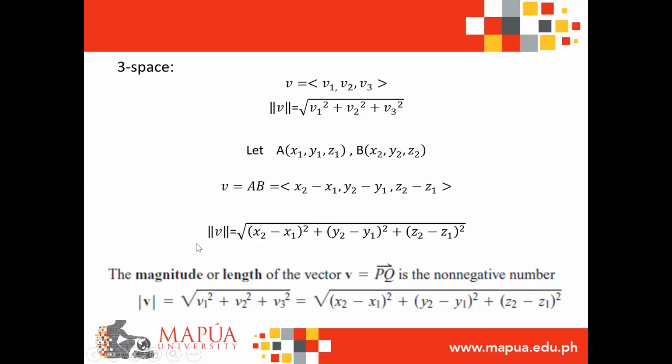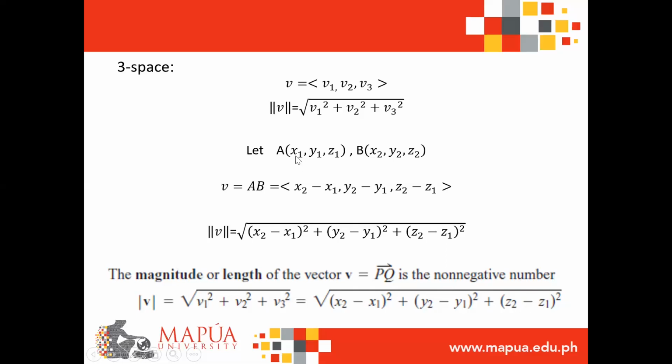We have the symbol absolute value of v, which is also the double absolute value of v, equals the square root of v1 squared plus v sub 2 squared plus v sub 3 squared, which is equal to the square root of quantity x2 minus x1 squared plus quantity y2 minus y1 squared plus quantity z2 minus z1 squared.